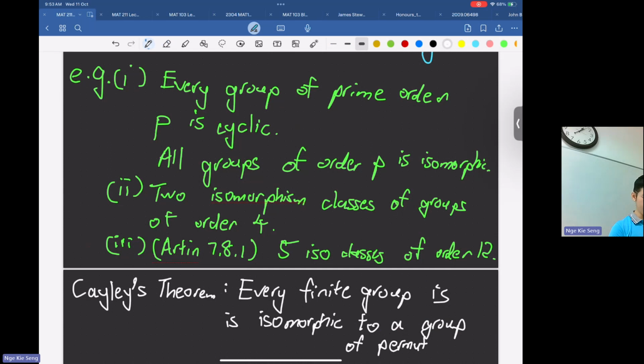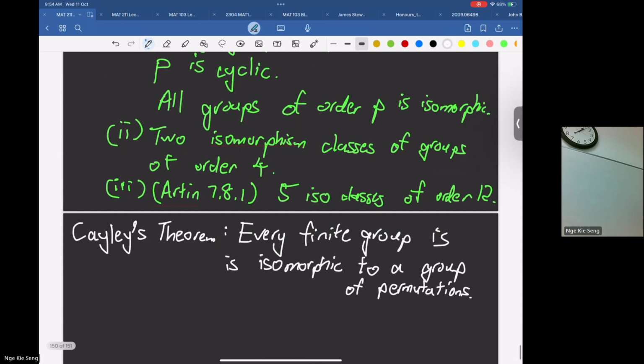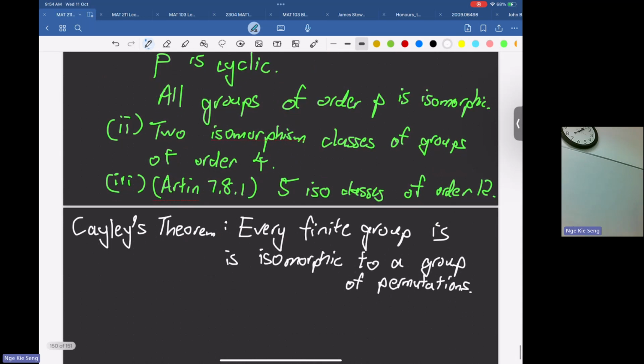That's why Sn is so interesting, because you can find all the finite groups in this world inside Sn. We will prove Cayley's theorem in the next lecture. Every finite group is just some subgroup of Sn, so it is enough to study Sn. We'll see you next week.